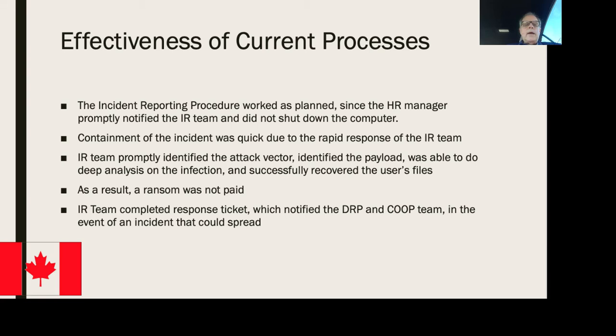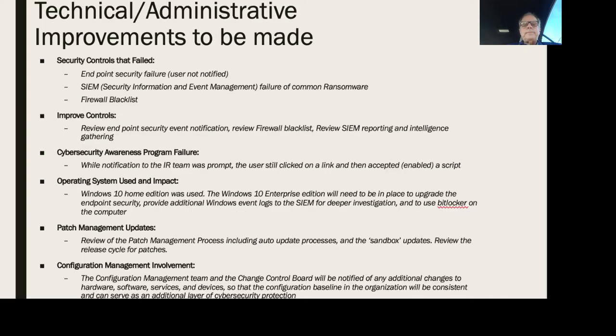The IR team promptly responded and then took down the system after they made a quick determination as to what was going on. And they were able to, as we noted earlier, successfully recover the user's files. The IR team completed the response ticket, and at that point, the disaster recovery team, DRP team, as well as a continuous operations team were notified.